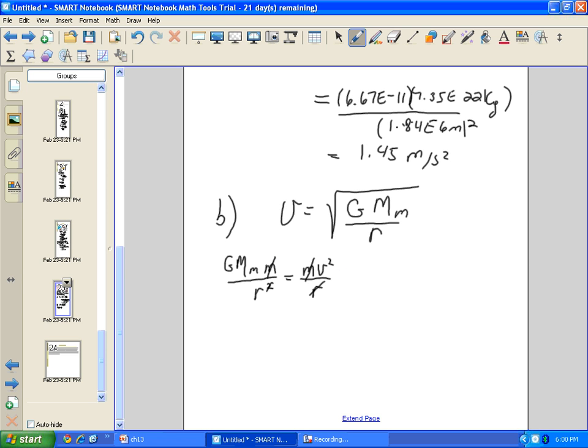One of these R's cancels there, and that's how we get V. Well, let's plug in our numbers.